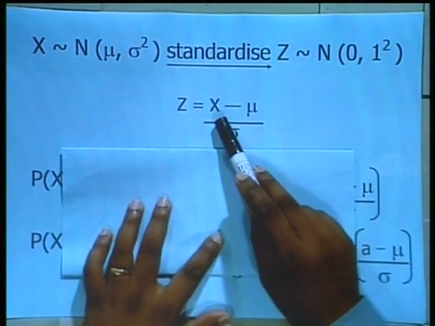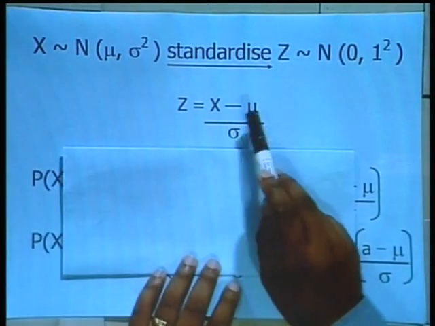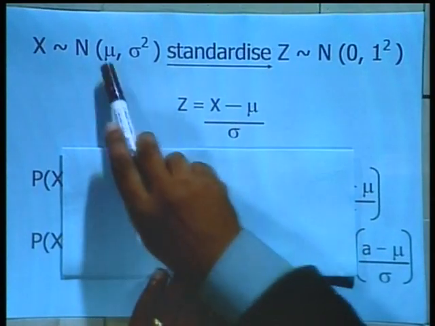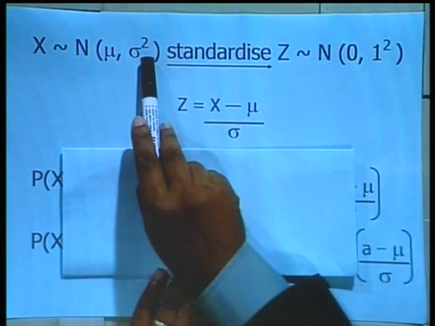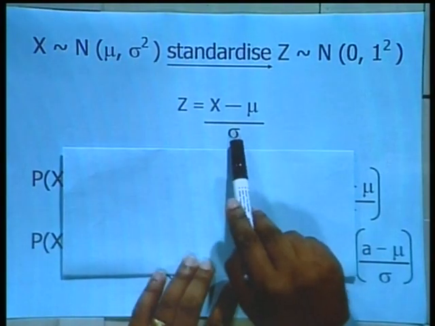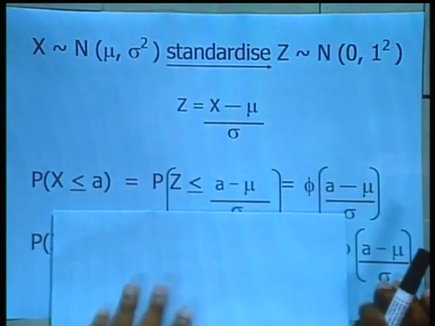Z is equal to the normal variable minus the mean value of this normal variable, divided by the standard deviation.